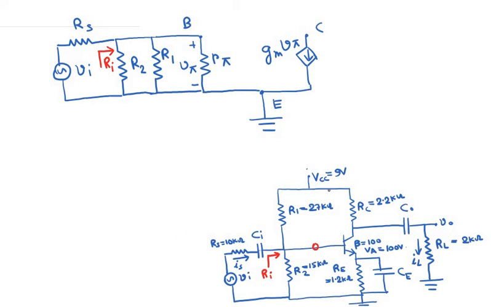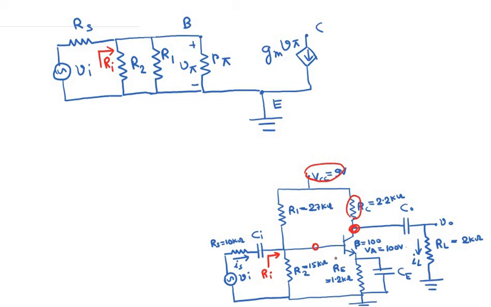Okay, now let us see the collector terminal. At the collector terminal, between this point and the AC ground, this resistance Rc equal to 2.2 kilo ohms is present. Also between the collector and the AC ground, this resistor RL is present. So RC and RL are connected between the collector and the AC ground.